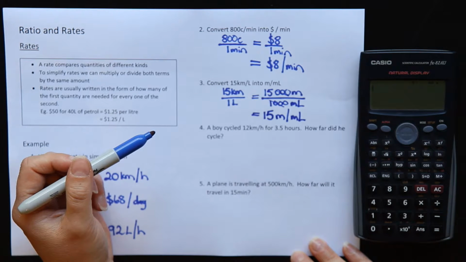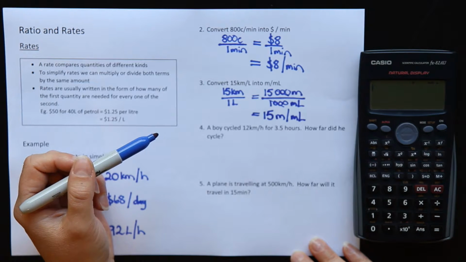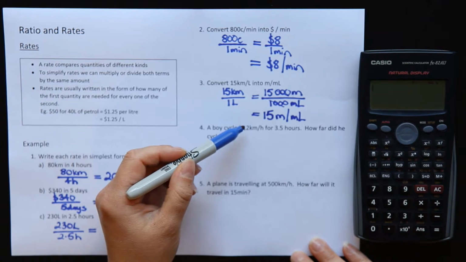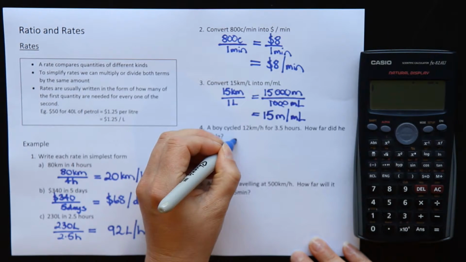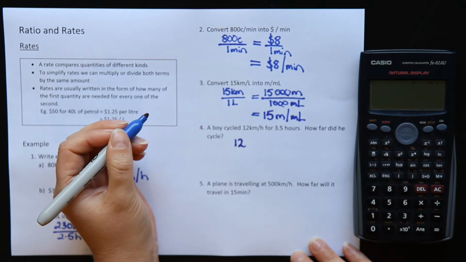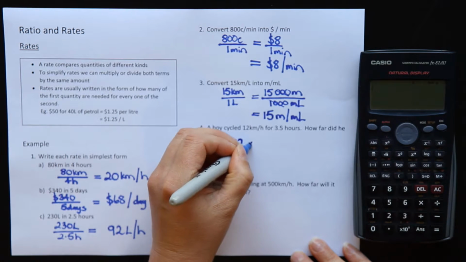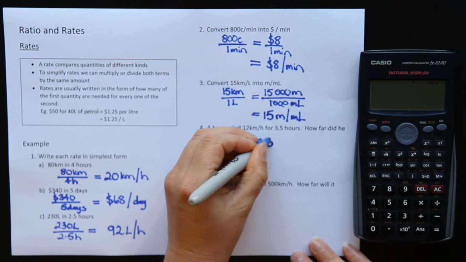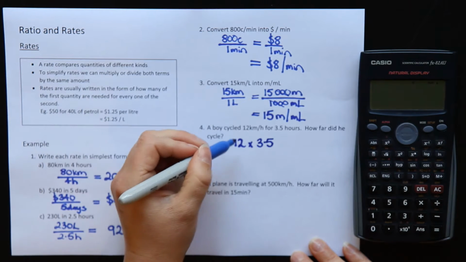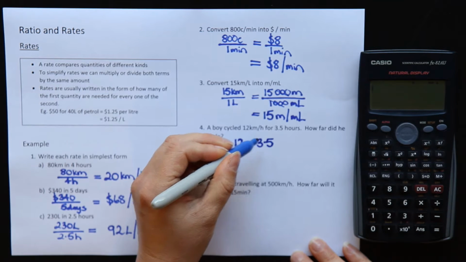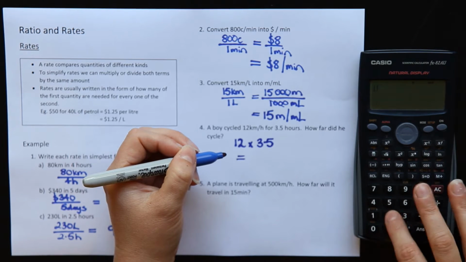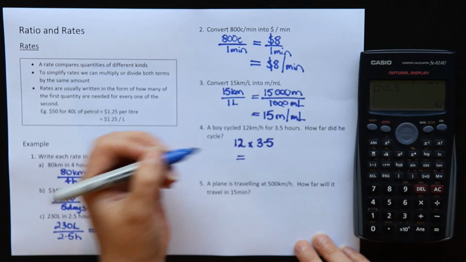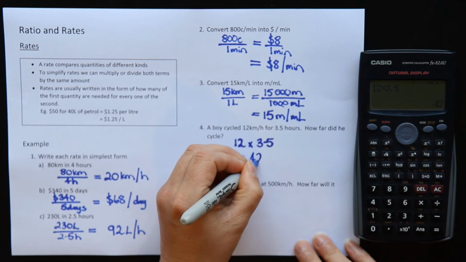Let's look at question 4. A boy cycled 12 kilometres per hour for 3.5 hours. How far did he cycle? If he travels 12 kilometres every hour, all I need to do is times his speed, 12 kilometres, by the time, 3.5, because he does 12 kilometres every hour and he travels for 3.5 hours, so we times them together. 12 times 3.5 equals 42.